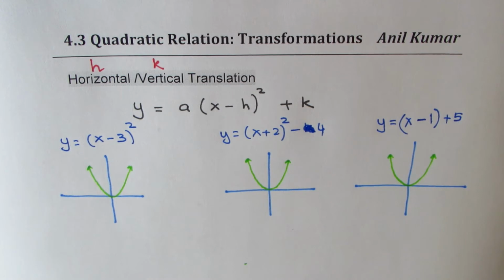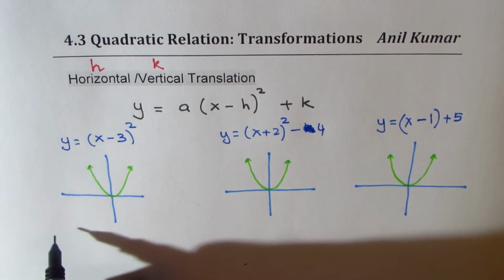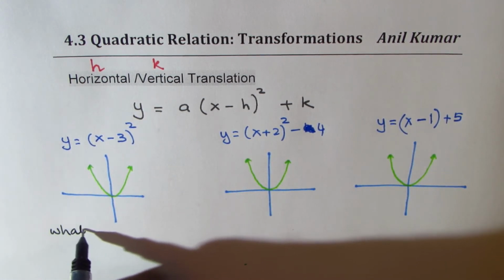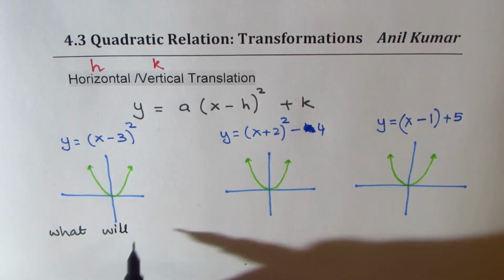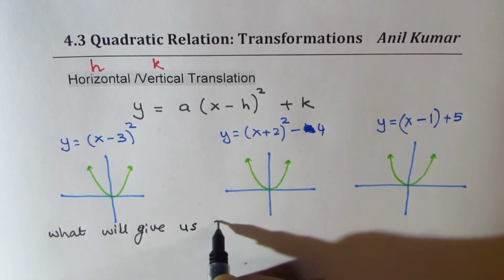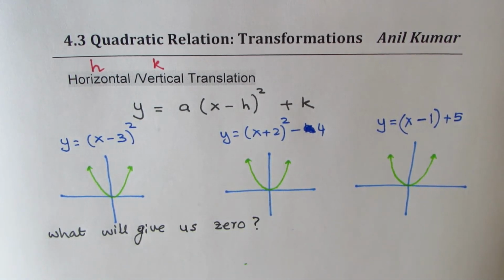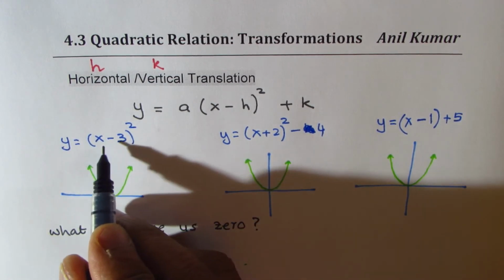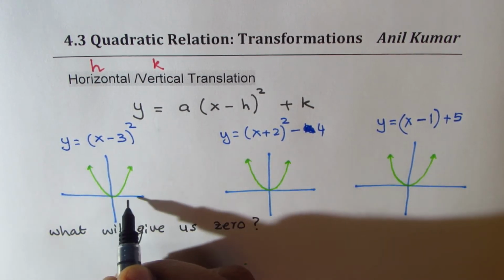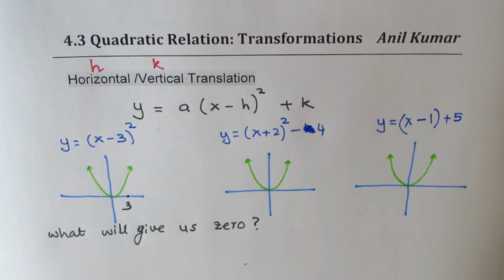Okay. So when I say x minus 3, what really happens? What value will give us 0? That is the question. So in this case, x equals 3 will give us 0. You get the idea.